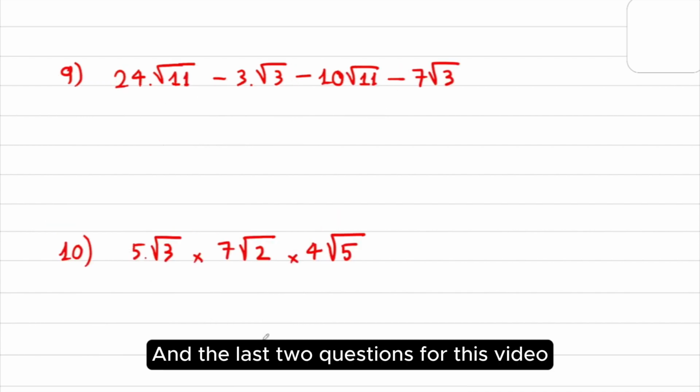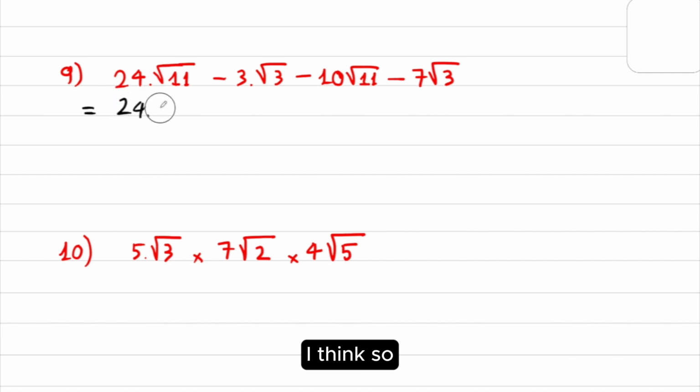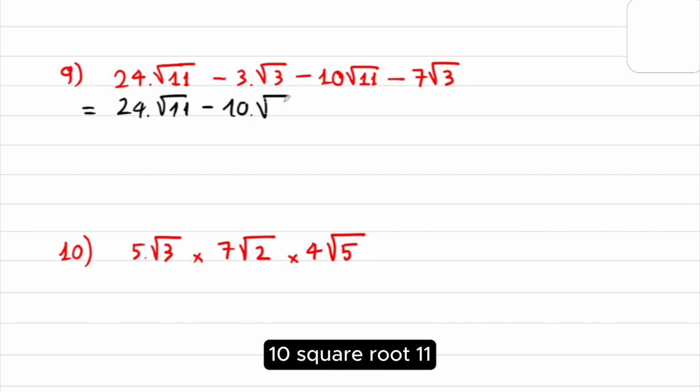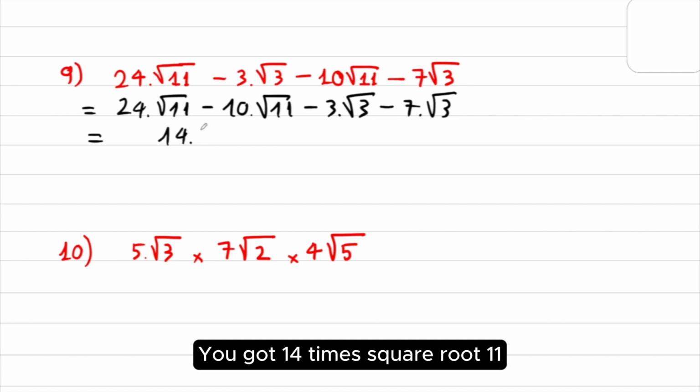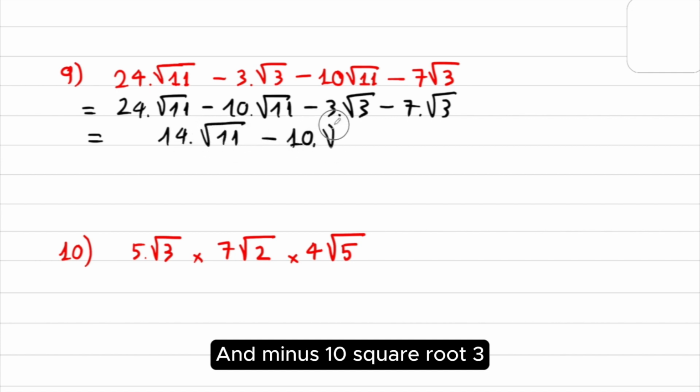And the last two questions for this video, you can work on by yourself. 10 square root 11 minus 3 square root 3 minus 7 square root 3. So after this, you get 14 times square root 11 minus 10 square root 3.